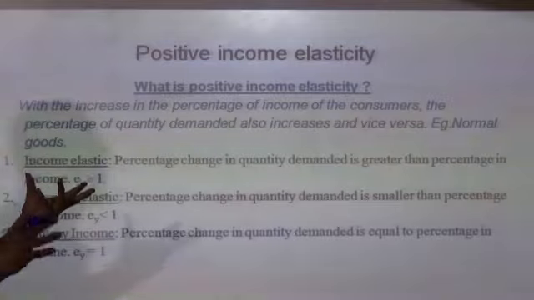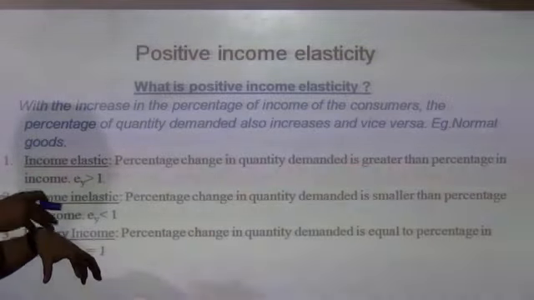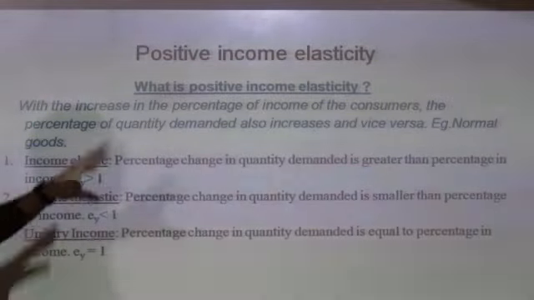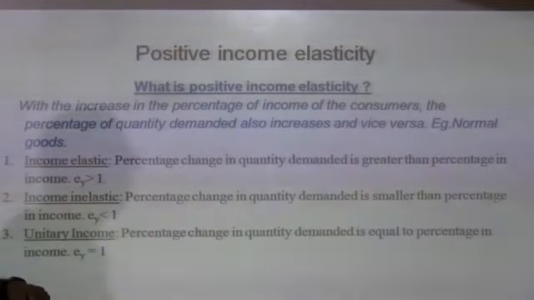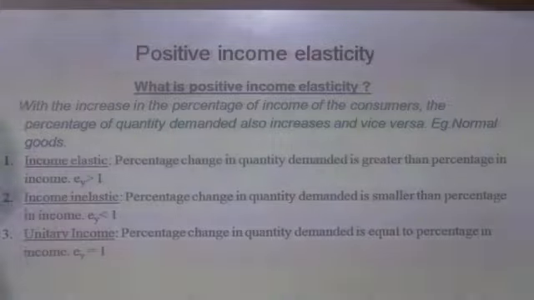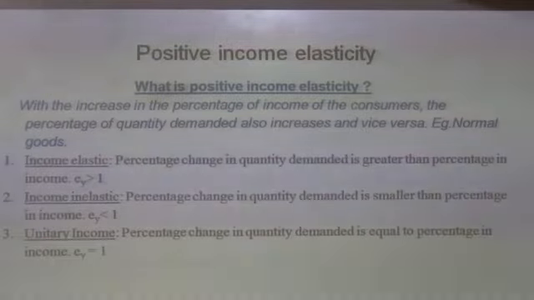When one increases, the other increases. When one decreases, the other also decreases. That is what positive income elasticity means. A typical example is normal goods, because normal goods behave like that. When your income increases, demand increases, and when income decreases, the quantity demanded will also decrease. So this is normal goods.